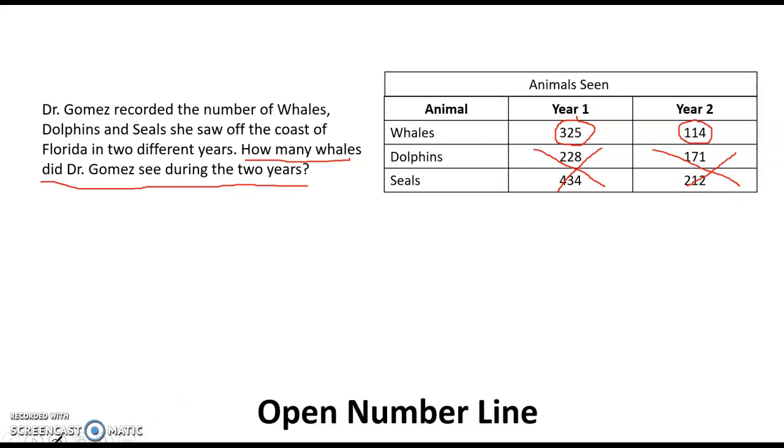We're going to be doing an open number line to help us solve this. Remember, an open number line looks like this. The numbers aren't on there yet. So we're going to be solving 325 plus 114.